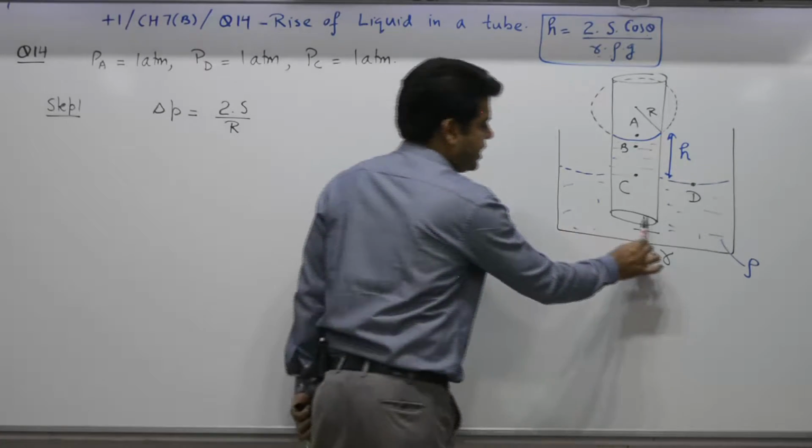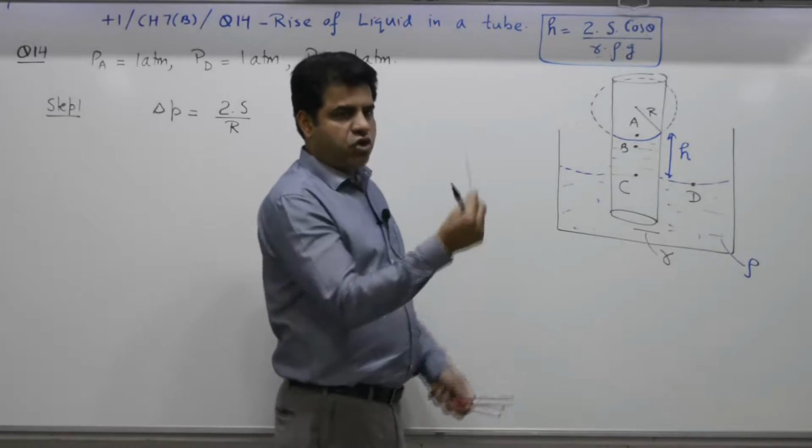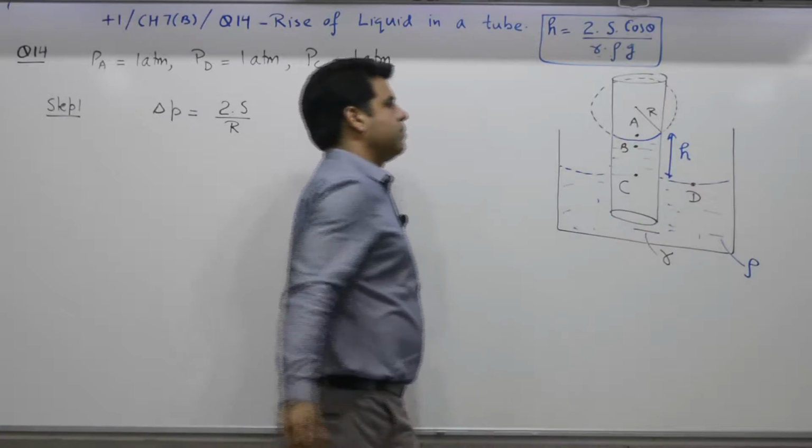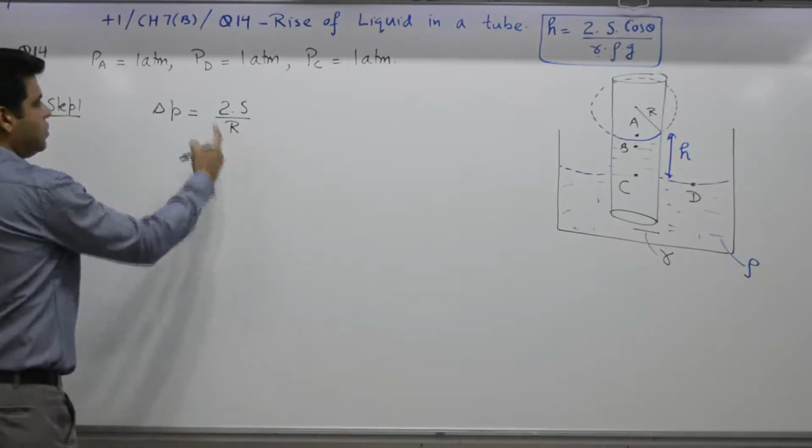Small r is the radius of the pipe, that is the straw, and this is the radius of curvature, capital R. So delta P is equal to 2S by R.